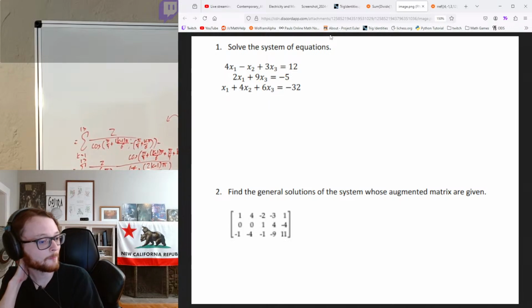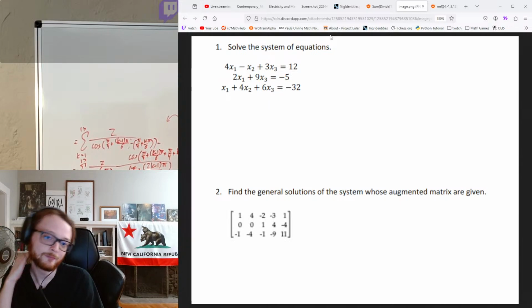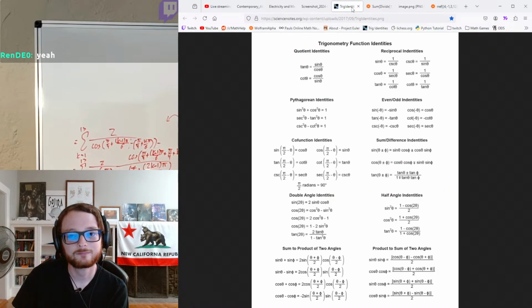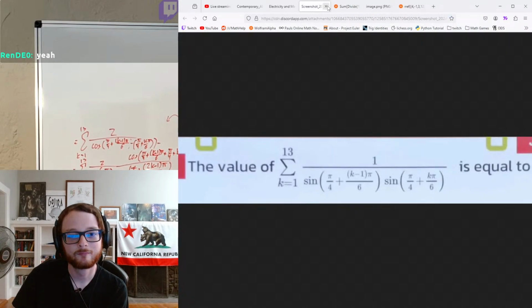But I do think it's helpful for students to know how to do these, the process of it. It depends on the class, Arush, whether you can use calculators.